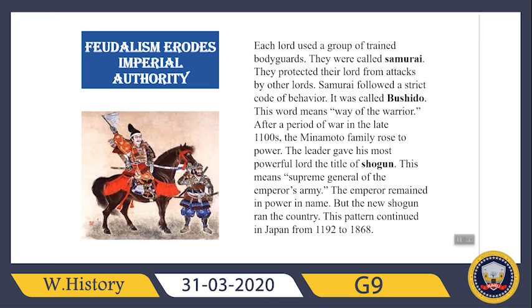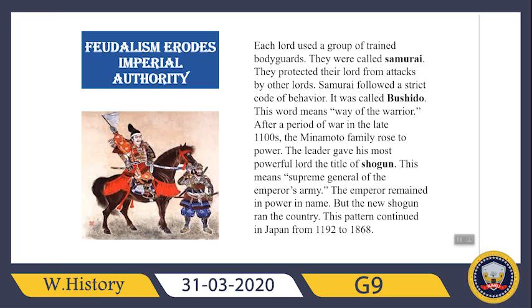So here you see how the title of Shogun is given. The emperor gave the Minamoto leader the title of Shogun, which means Supreme General of the Emperor's Army. The emperor remained in power in name, but the new shogun ran the country. This pattern continued in Japan from 1192 to 1868.